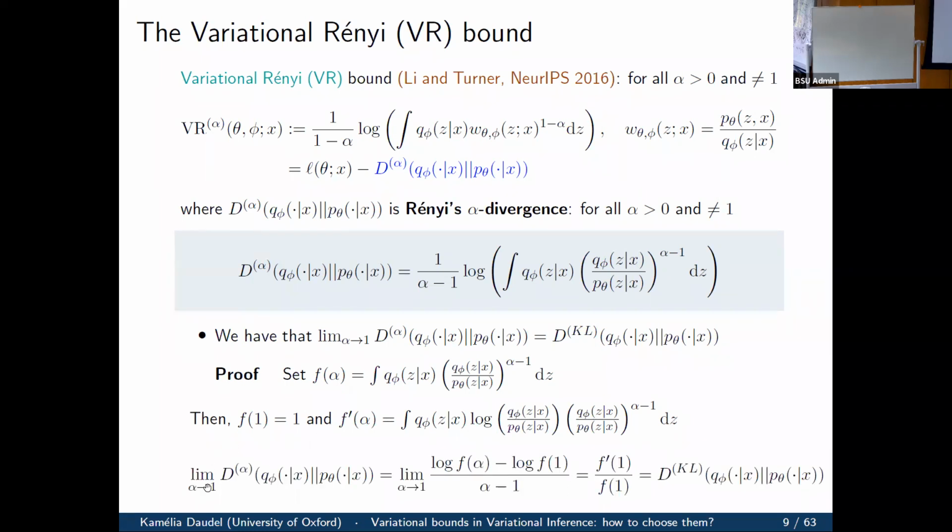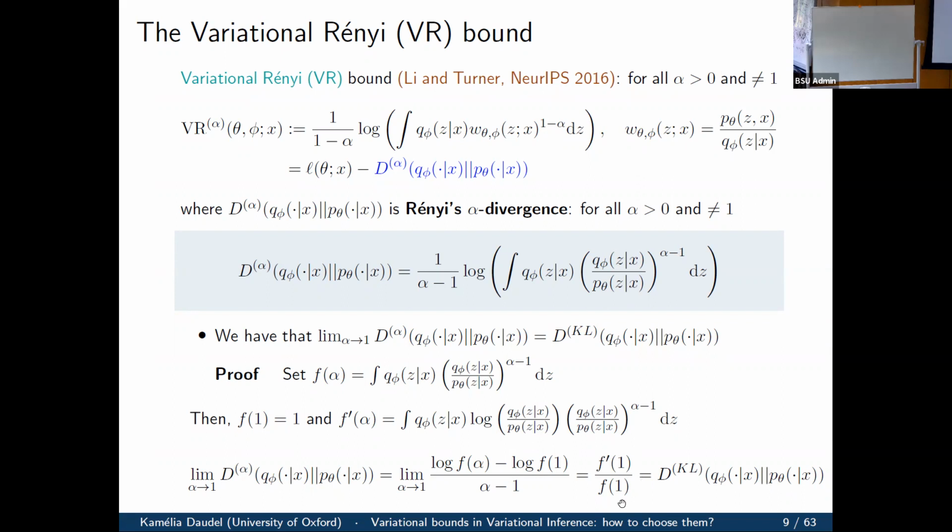And if I now look at my limit when alpha goes to 1 of my Rényi's alpha divergence, and I use the definition of f alpha and the fact that f of 1 is equal to 1, I have that this is the limit when alpha goes to 1 of log of f alpha minus log of f1, divided by alpha minus 1. And we're all experts at differentiating. We know that you just need to differentiate this function and evaluate it at 1 to get the result. So its limit is f prime of 1 divided by f of 1.